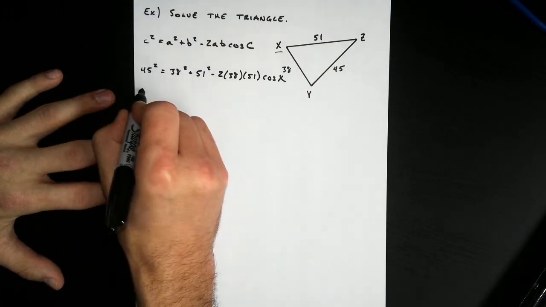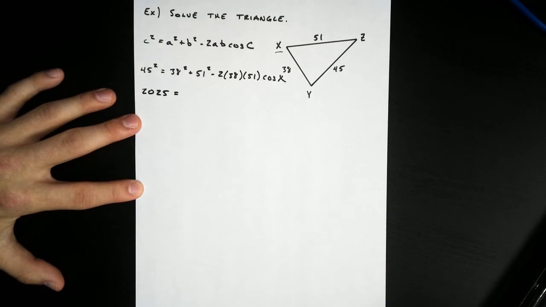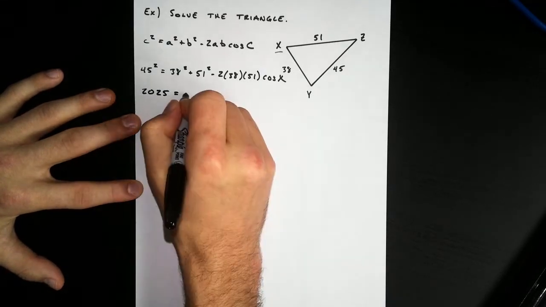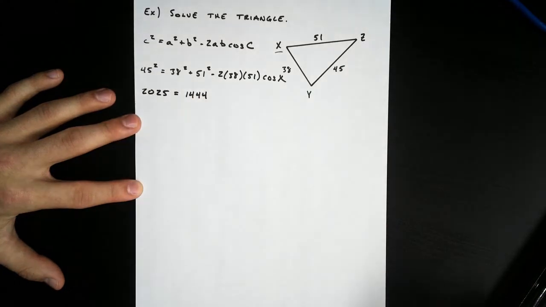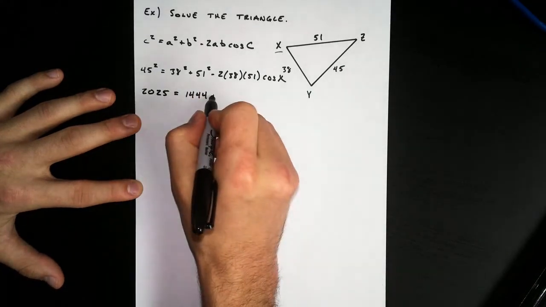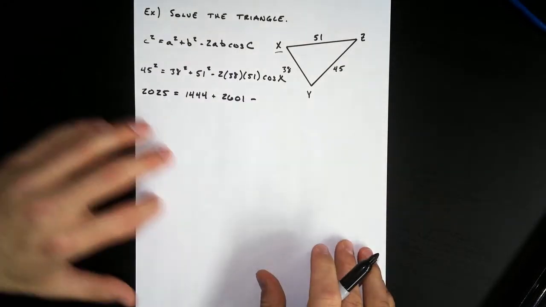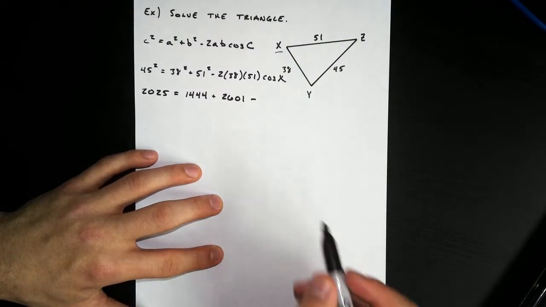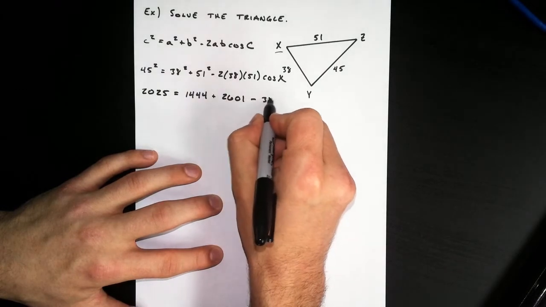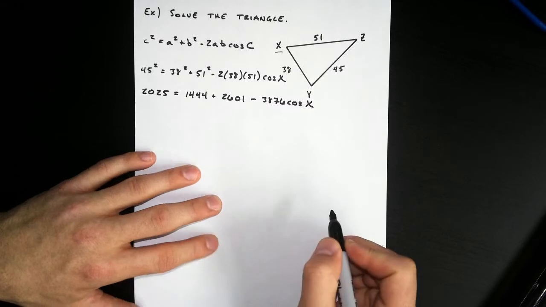So 45 squared, 2025, equals 38 squared, 1444, and 51 squared is 2601. And then doing this multiplication, 2 times 38 times 51, we get 3876 times the cosine of x.